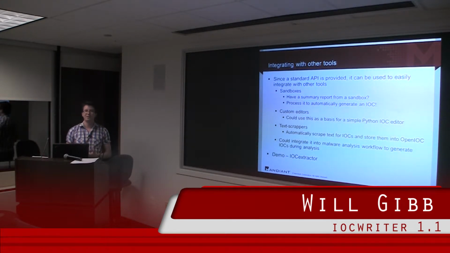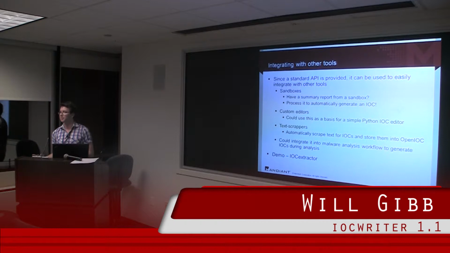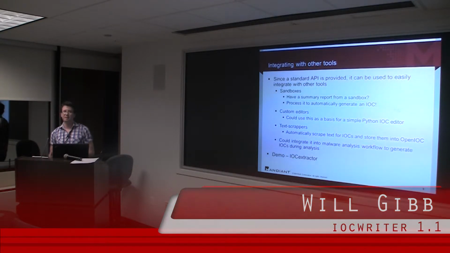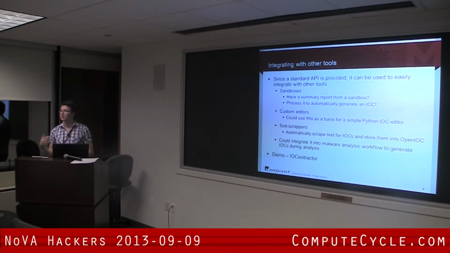If you've got a malware analysis workflow and you're looking to automatically capture indicators directly from IDA or some other malware analysis tool, if there's a Python interpreter in there, or some sort of SDK you could hook into, you could use this to automatically capture indicators that an analyst is identifying while they're reversing a sample. And then when they're done, they could generate an IOC right away.